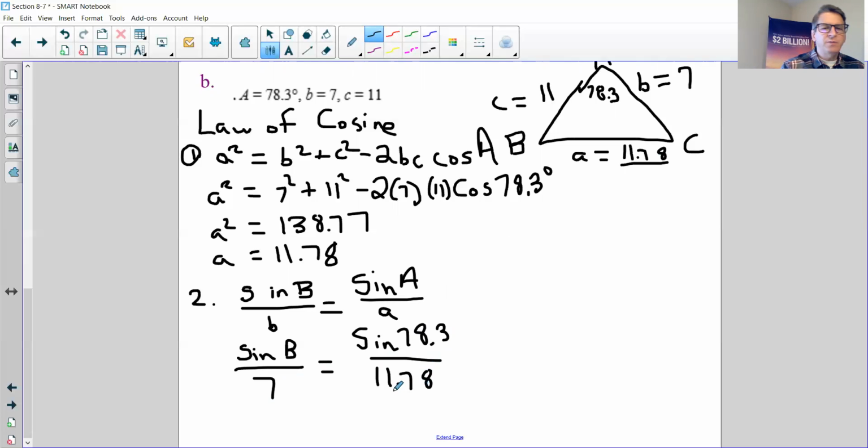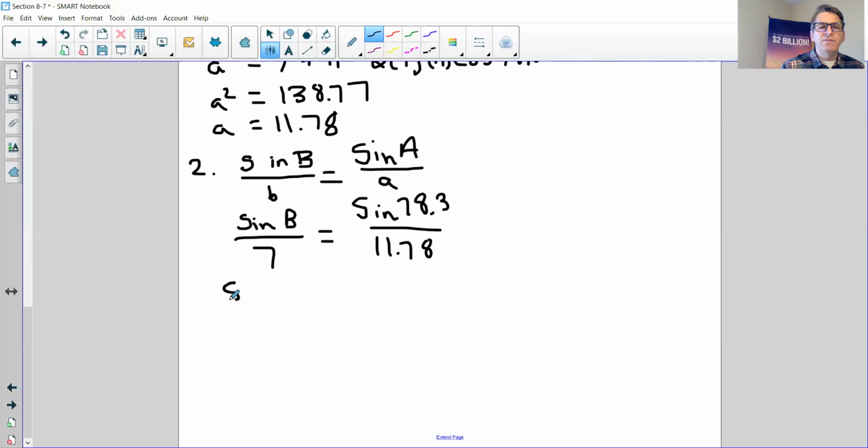As you cross multiply and divide, you end up with sine of B to be 0.58.